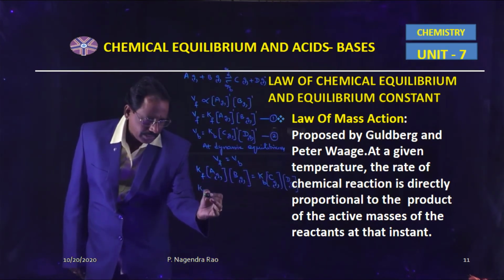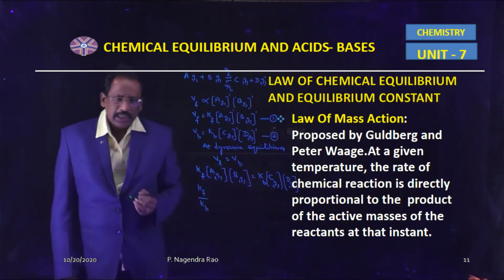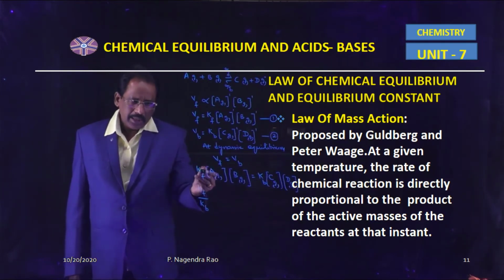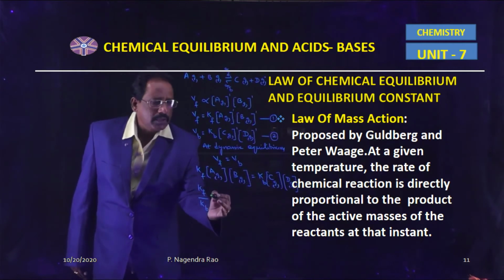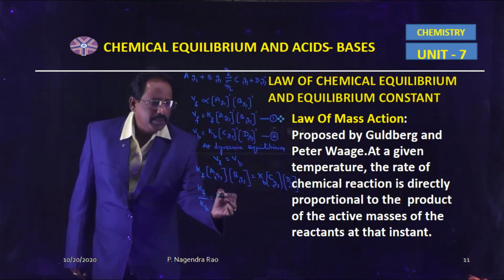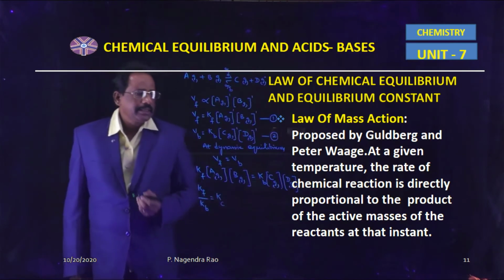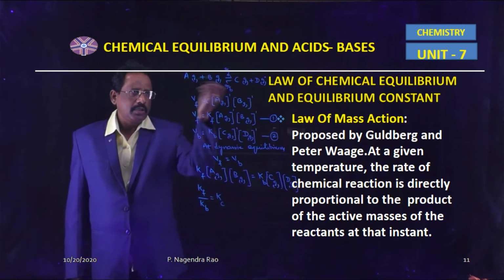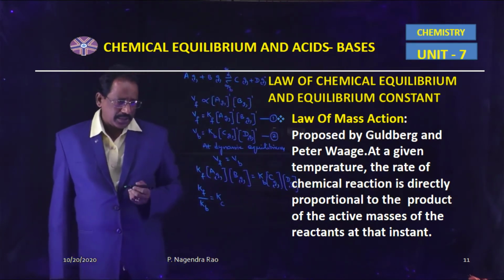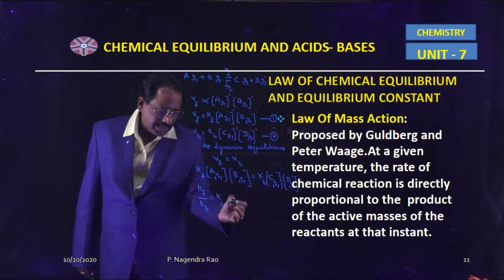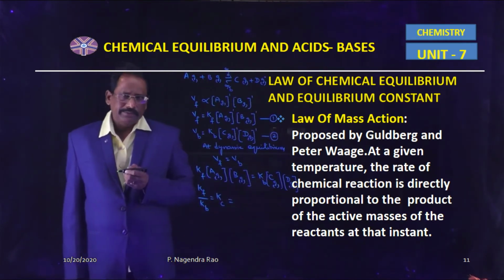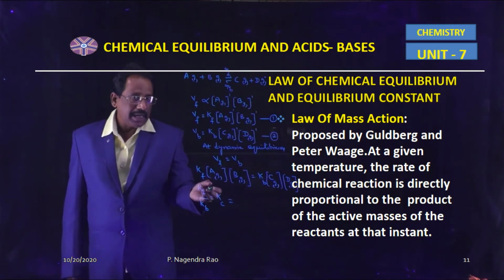Now Kf by Kb is a very important ratio. Kf by Kb is equal to the equilibrium constant in terms of concentration for both forward and backward reactions, which is Kc. Kc is nothing but the equilibrium constant in terms of concentration.